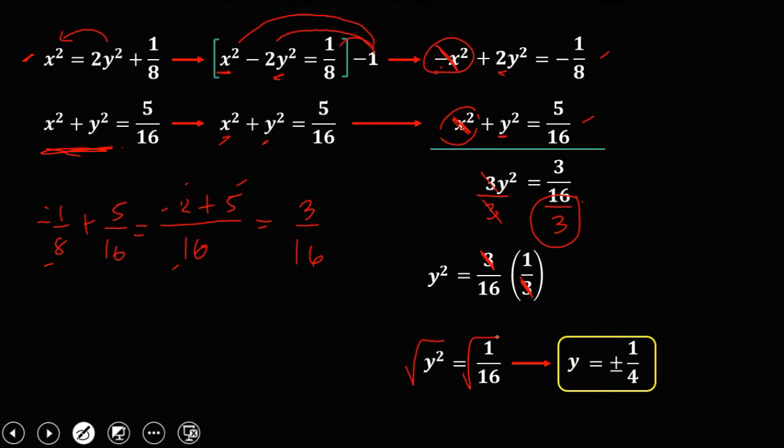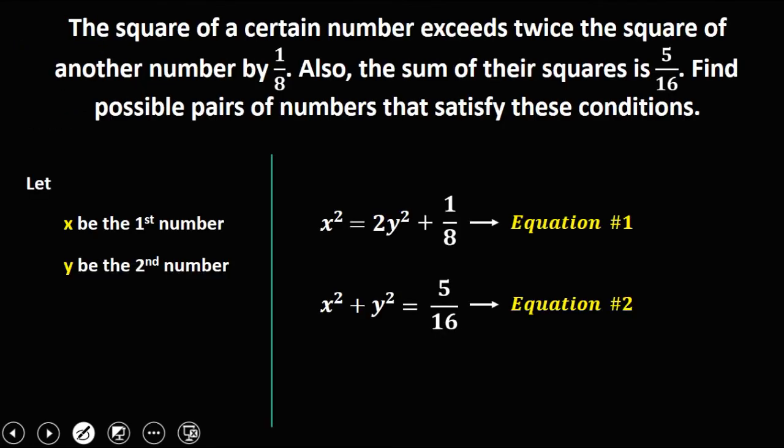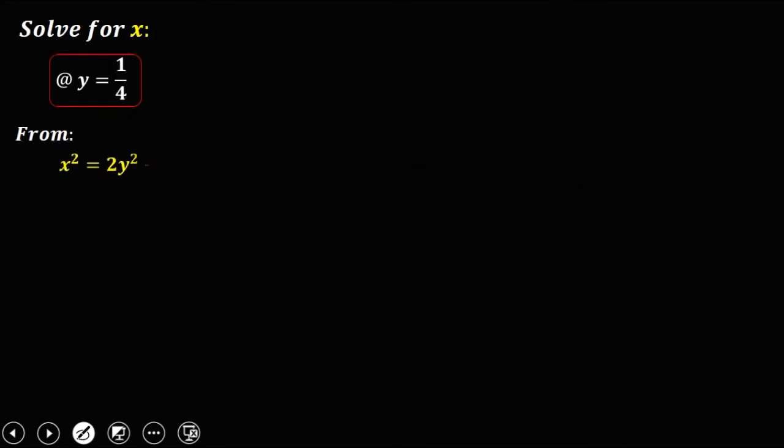Then to solve for x, just substitute these values of y. So let's start with y equals positive 1/4. From any of these equations, let's just choose the first equation, so that's x squared minus 2y squared equals 1 over 8.